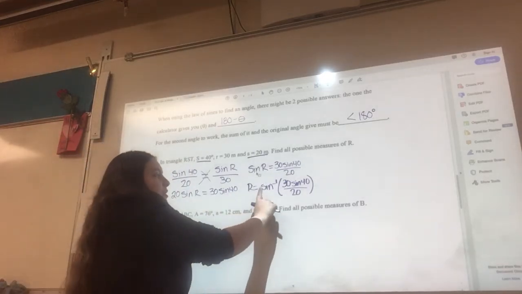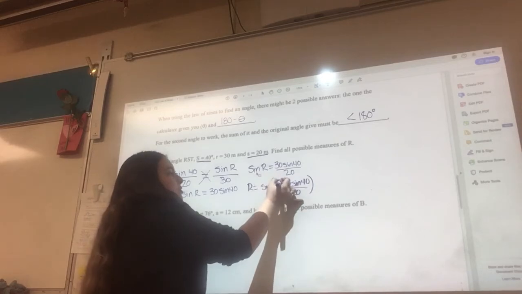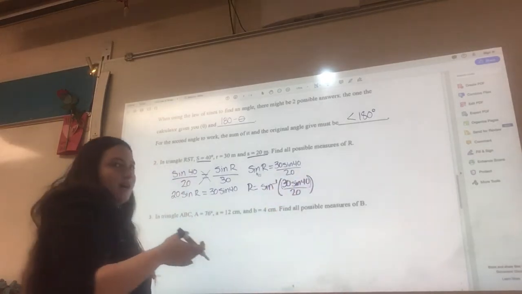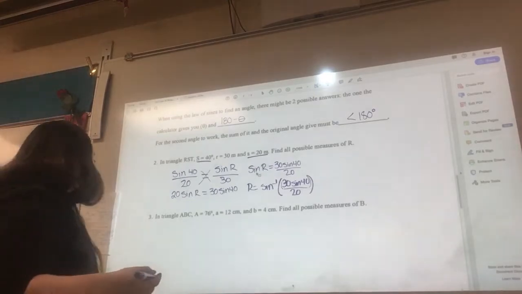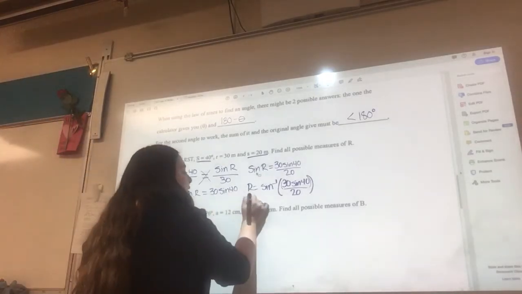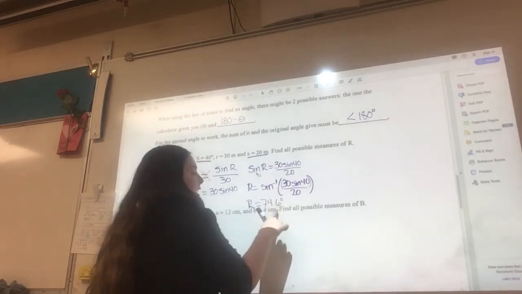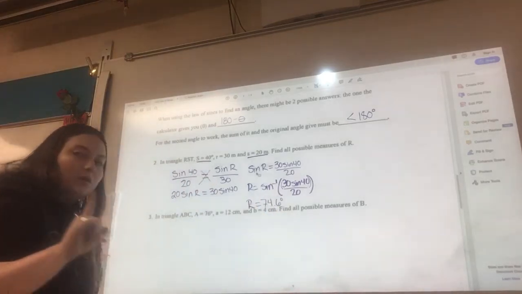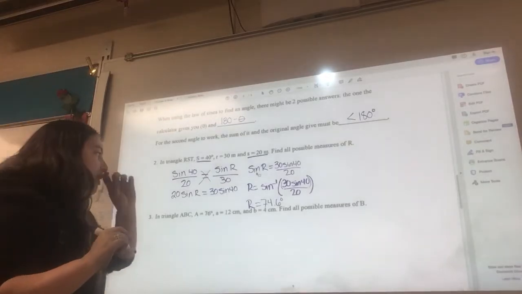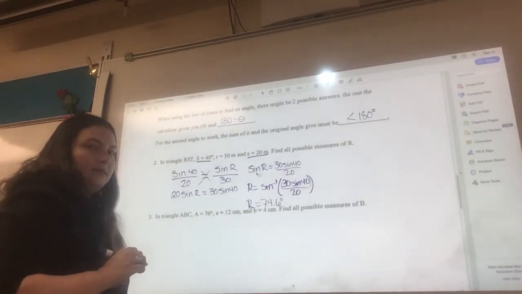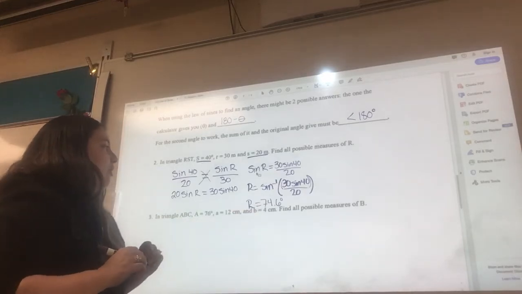You go sine inverse, parentheses, another parentheses over the numerator, and then divide by 20. You're going to see that R is equal to 74, and for angles you only have to do one decimal. So R is 74.6 degrees. So we have found R.